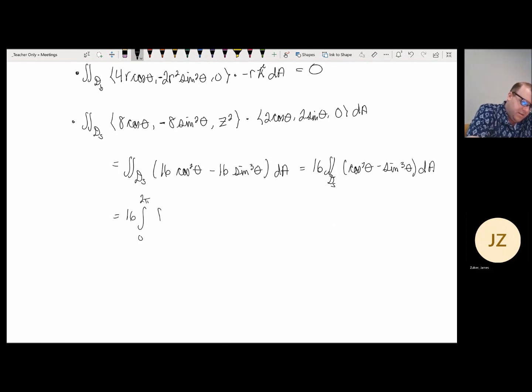This part of it. We have no z. So that inner integral is just 3.